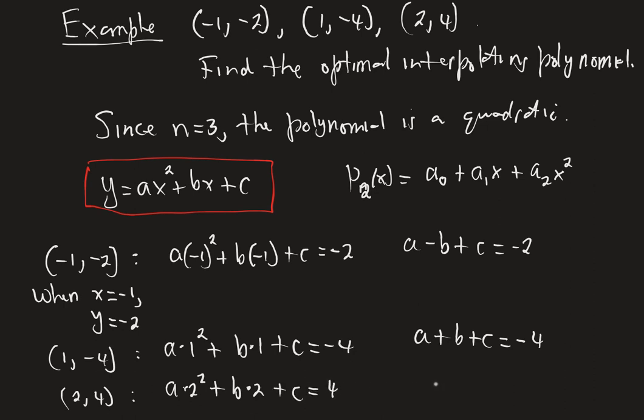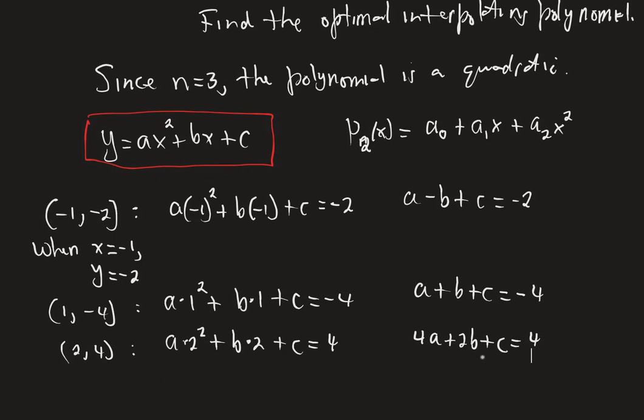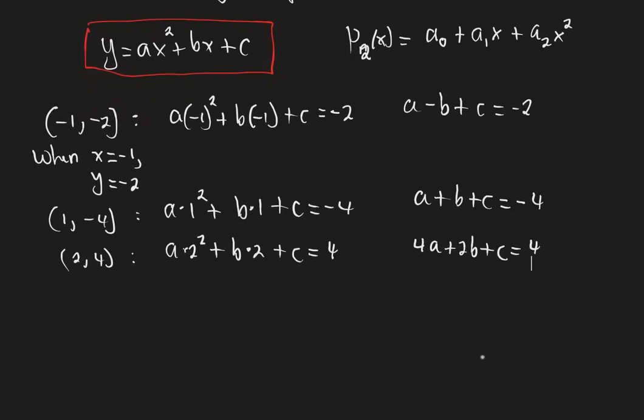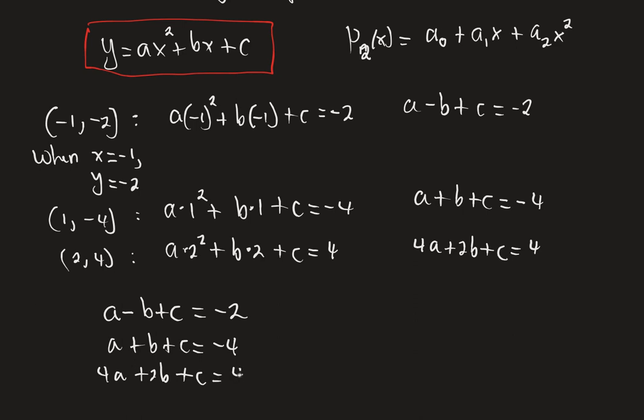So the third equation in this system is 4a plus 2b plus c equals 4. Let me put it all together now: a minus b plus c equals -2, a plus b plus c equals -4, and 4a plus 2b plus c equals 4.